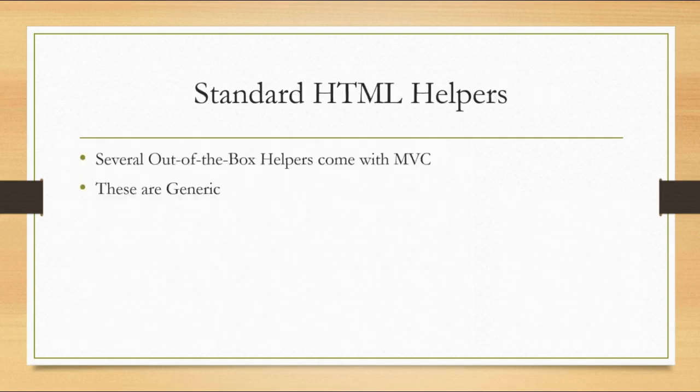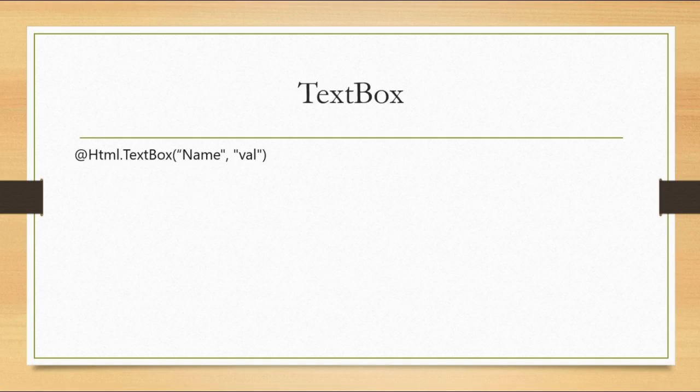So there are several standard HTML helpers that come out of the box with MVC. These are generic helpers. So let's just look at a handful of these and see what they do and how they work. So here's one that is a text box. Notice we have Html.TextBox.